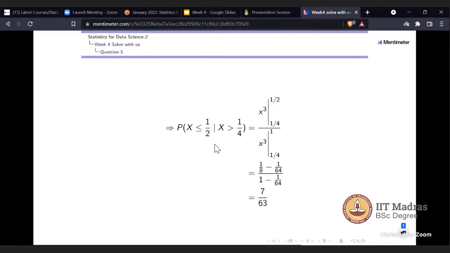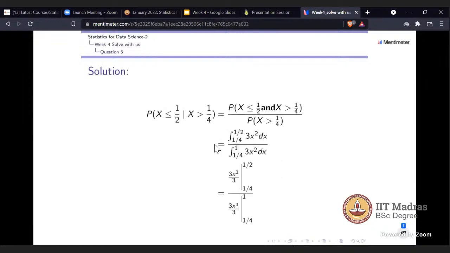Yes, ma'am. This is clear to everyone. Basically, we have to decide the support for the probability in the conditional functions. Other things you should know: the question asks you for a conditional probability formula.